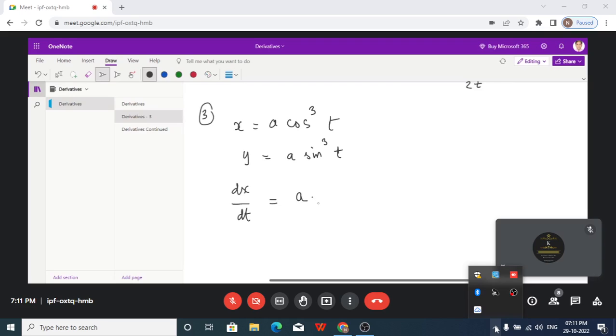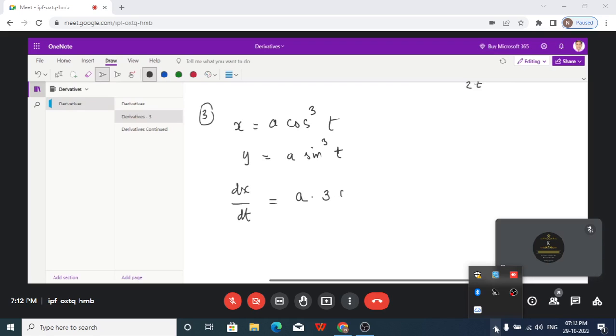So cos cube t, if you want to differentiate with respect to t, cos cube t is something like u cube, where u is cos t, right? So we differentiate with respect to cos t first. So cos cube t with respect to cos t, என்ன வரும்? u cube, differentiation of u cube என்ன? 3 cos square t.